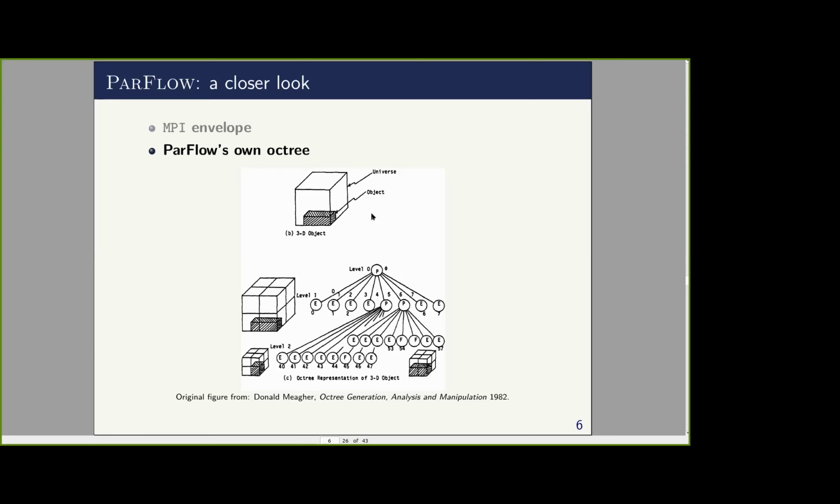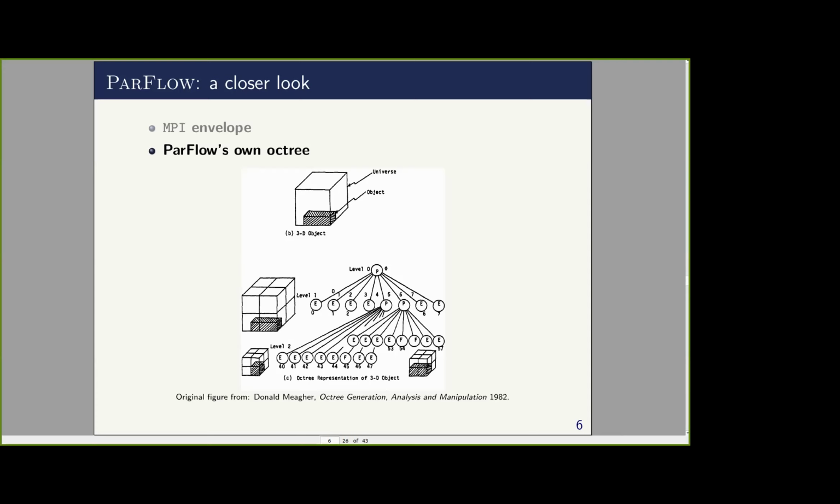And the octree implemented inside of Parflow is just a classical one, in which if you want to represent a domain, like in this picture with this block, you take a big box and surround it, and then you start refining this box until all the sub boxes are completely contained in the object that you want to represent. And as I said before, this is heavily used inside Parflow to implement loops over a particular physical region.